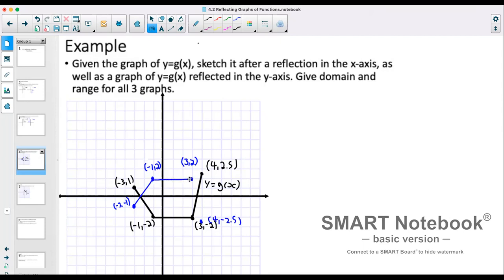So this is what our reflection in the x-axis did. So as a reflection in the x-axis, we can also write that as y equals negative g of x. Next, we'll do over the y-axis. So if we had (-3, 1), that becomes (3, 1).